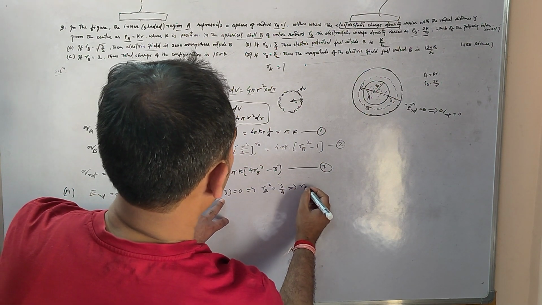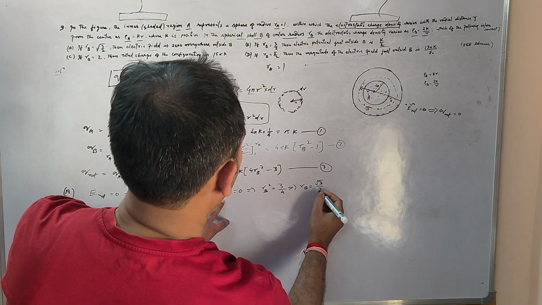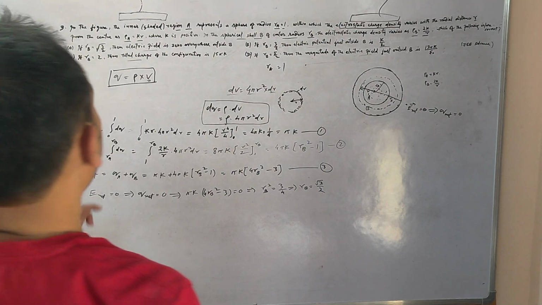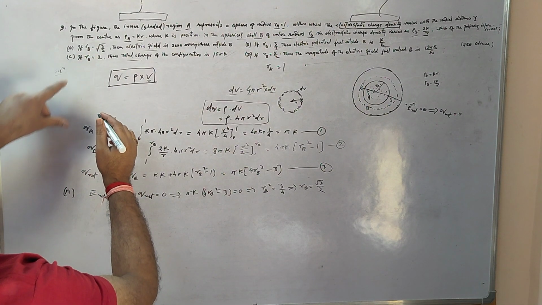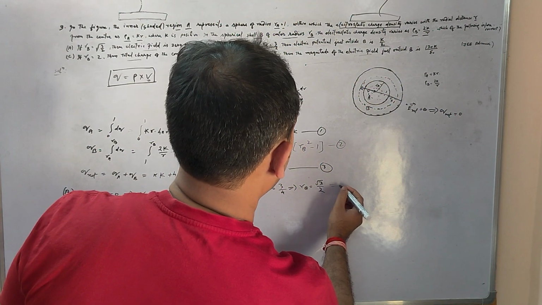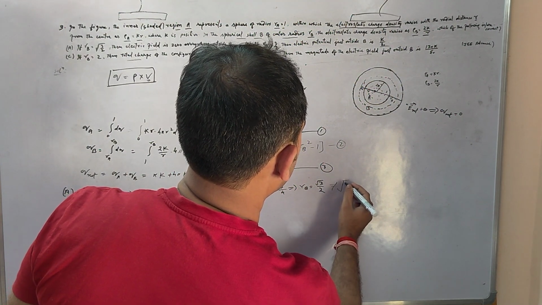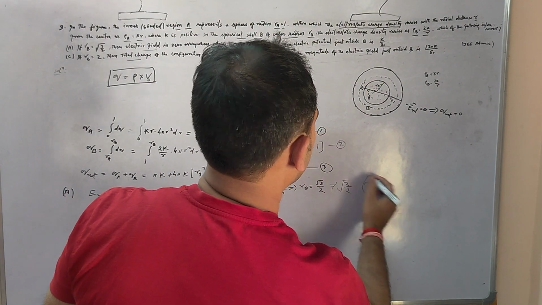So RB will be equal to root 3 by 2. But here it is given whole under root 3 by 2. That is not equal to this. So statement A is wrong.